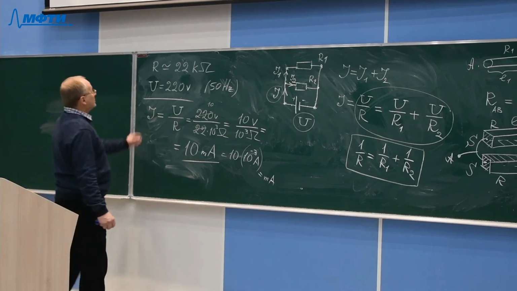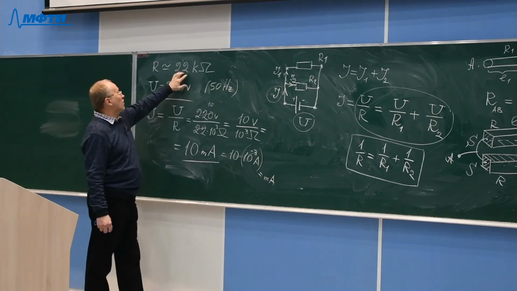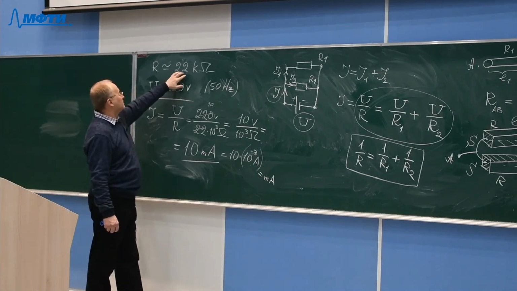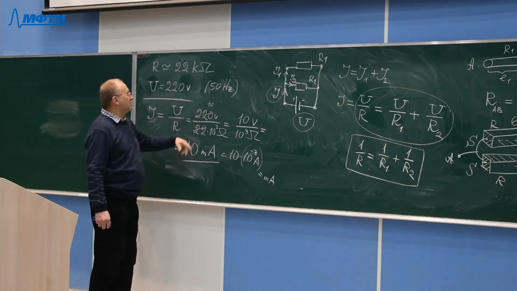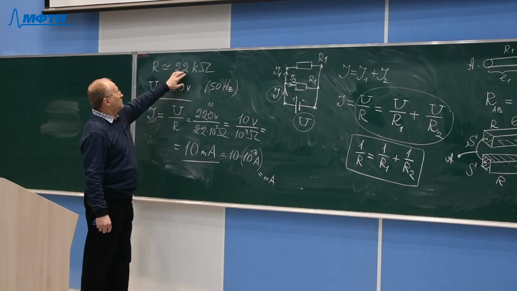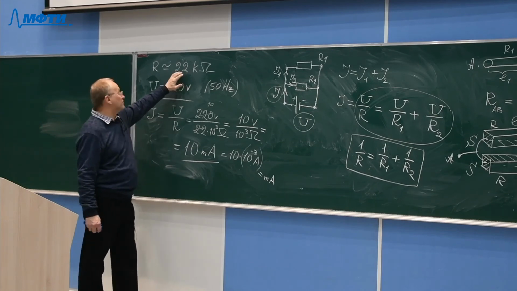Also I should tell you that the resistance of the human body is a very approximate figure. I have taken here 22 kilo ohms so that it will cancel here. But actually it may be a little bit more, it may be 25 kilo ohms, it may be 30 kilo ohms, but it may be even less than 22 kilo ohms.